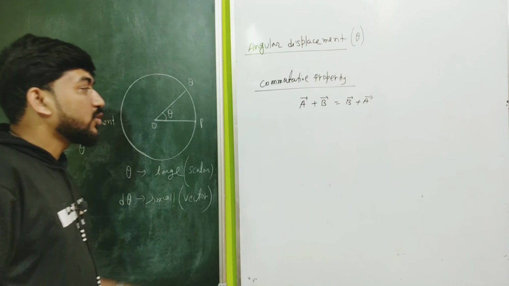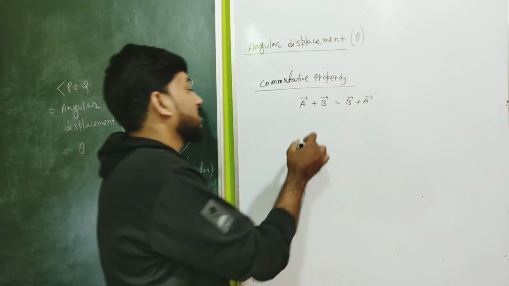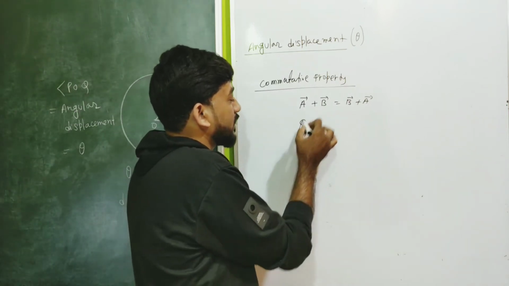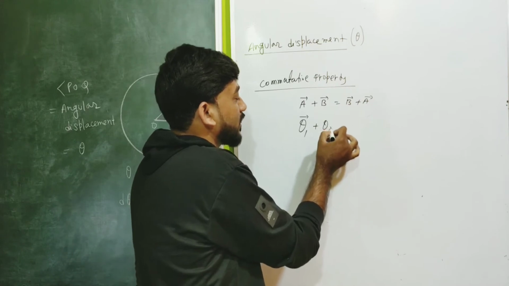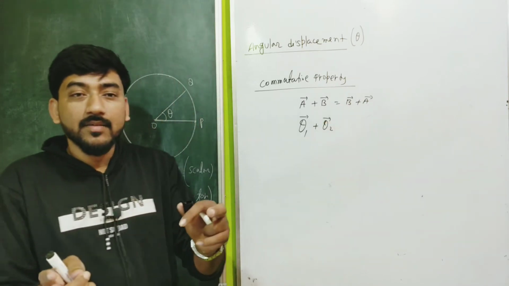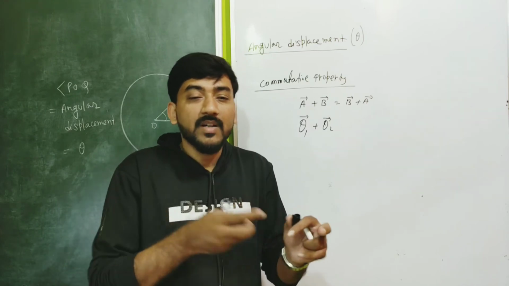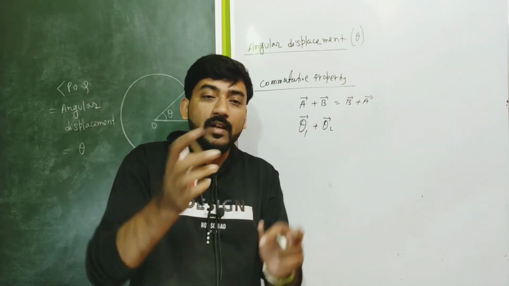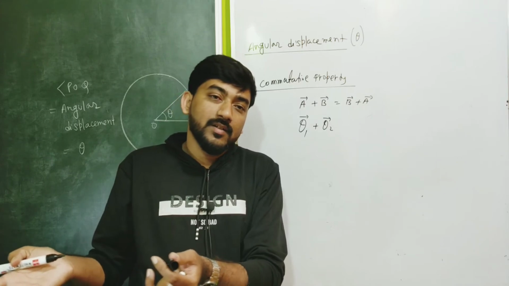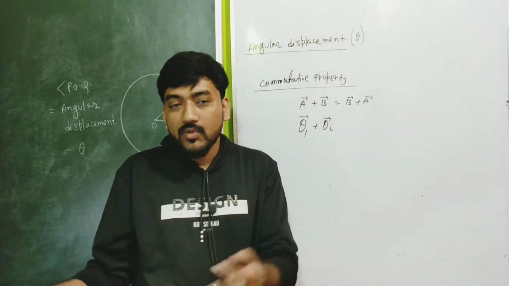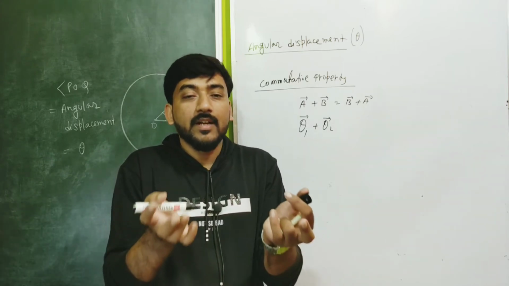But if you talk about capital theta, and you take theta 1 and then theta 2, if you rotate some object about some particular axis, you can do the experiment very simply with a book.